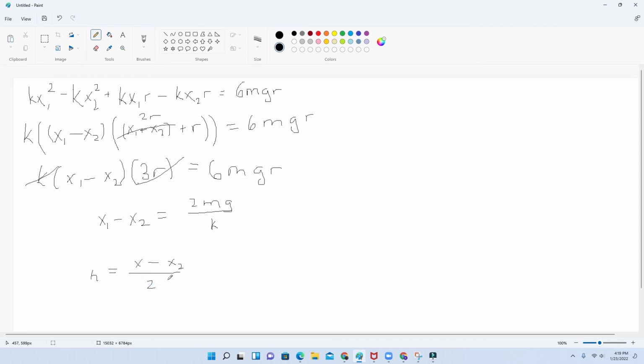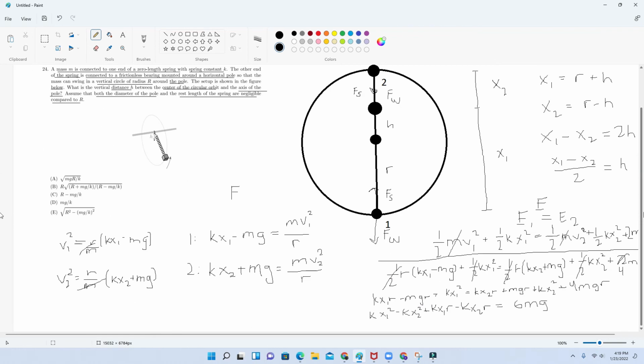So in order to get the true value of h, we have to divide this value by 2. So we essentially get h is equal to mg by k, which is answer choice D in this case.